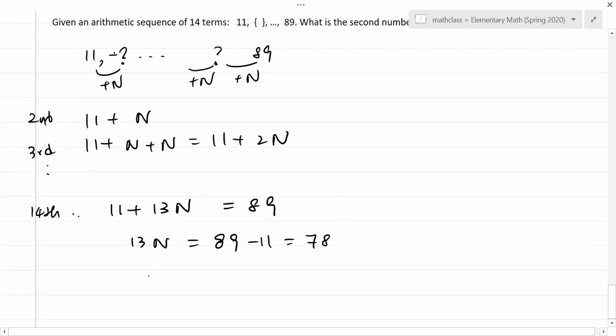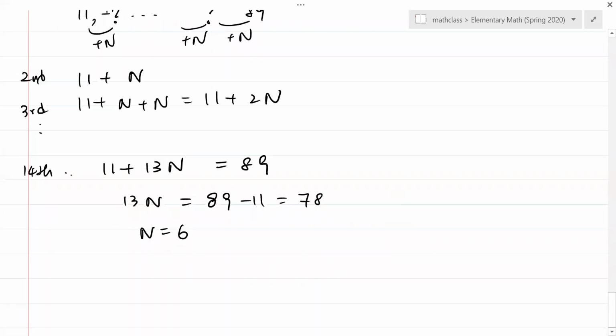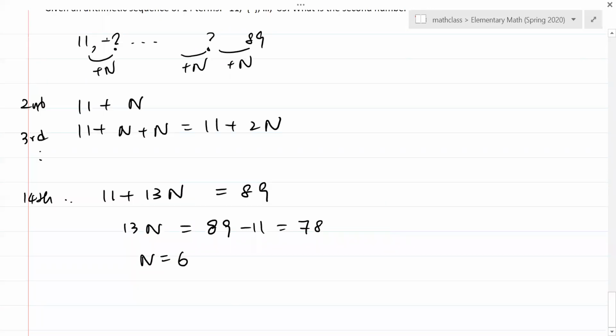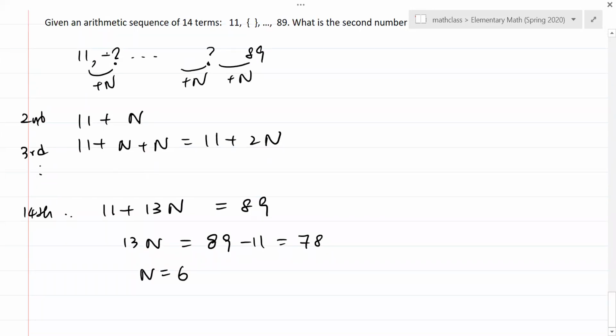Yes or no? n should be equal to 6. Yeah, n must be 6. But once you get the n, then you can get all the terms. Every time you add a 6 to that term. So that's why 11 plus 6 is going to be 17.